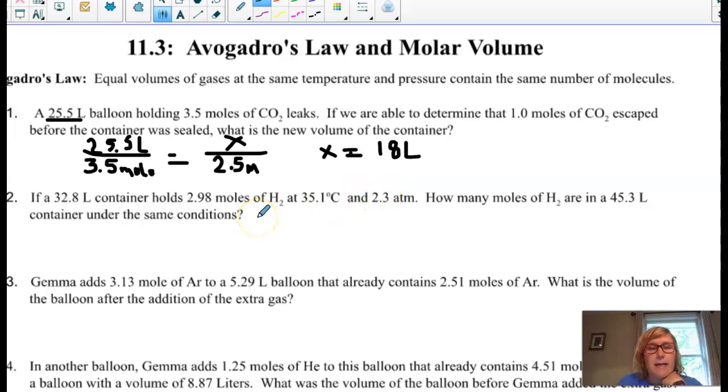The conditions are the same, so I'm going to say 2.98 moles per 32.8 liters.